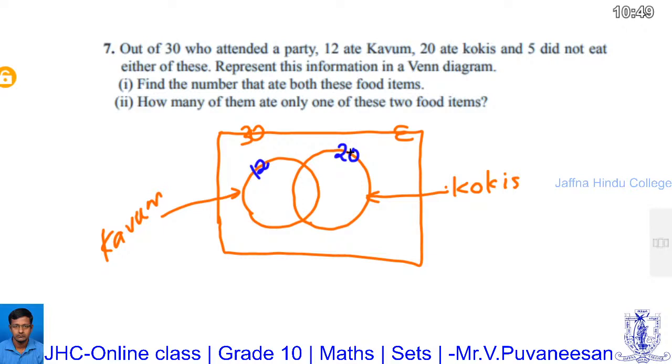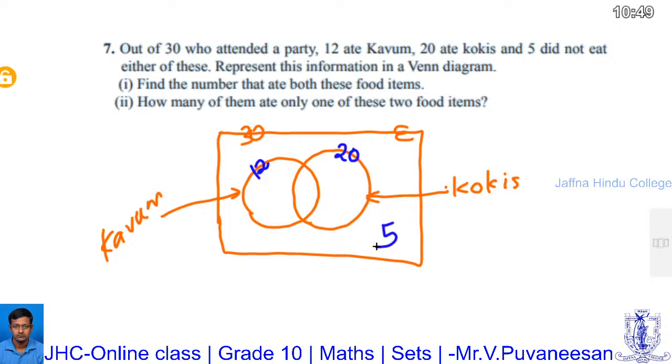5 did not eat either of these, so 5 comes outside the two circles. Now how can we find the intersection, the number that ate both these food items?